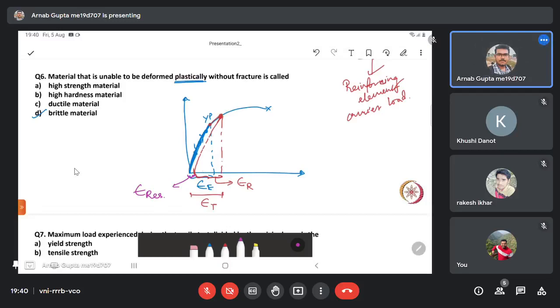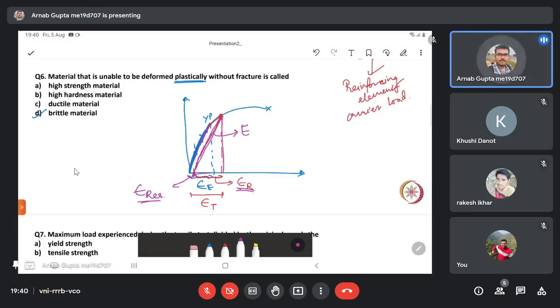So you might be asked to find the ratio of these particular components, say the recovered strain and the residual strain for a given loading condition. So you can conveniently apply Hooke's law over here, approximating this to be a straight line, and the slope of this line is nothing but your Young's modulus, right?